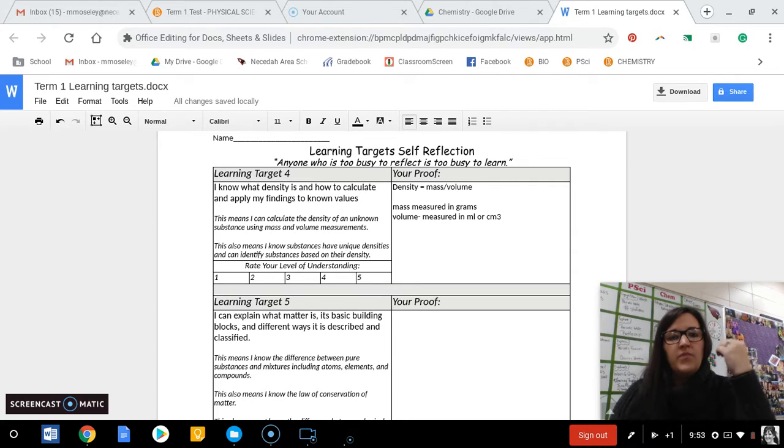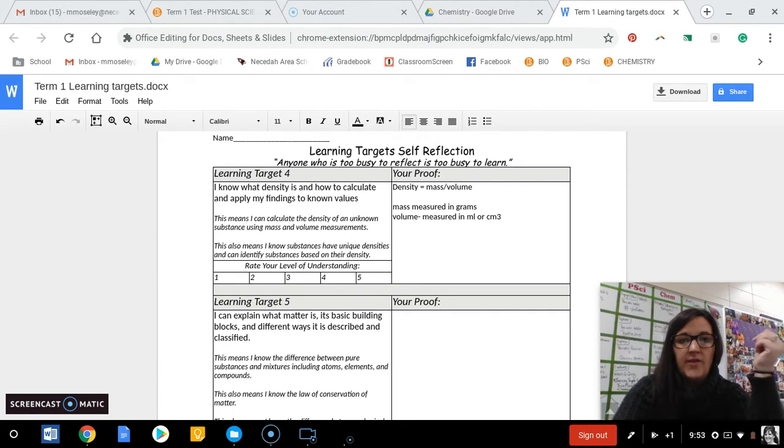So that tells me, based on knowing the mass and volume measurements, I could solve for density. You might also want to put your density triangle on there. So if you had to solve for one of the other variables, you would know how to do so.